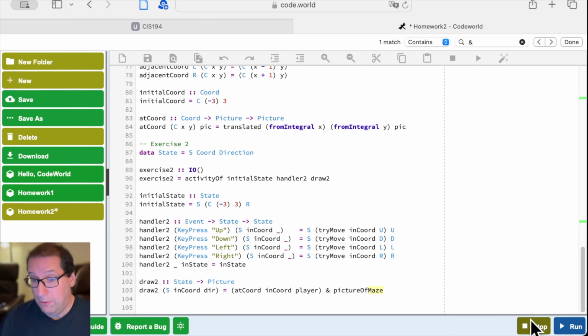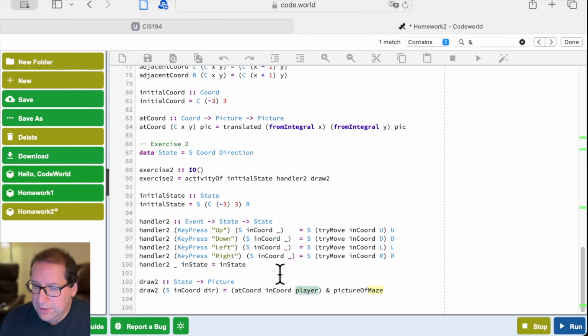All right, so now we have to actually use this state. You might notice that we're not using this direction whatsoever. So what could we do? Well, the kind of obvious thing that I'm thinking is we could pass down this direction into this player function, but then we're going back and changing common code.